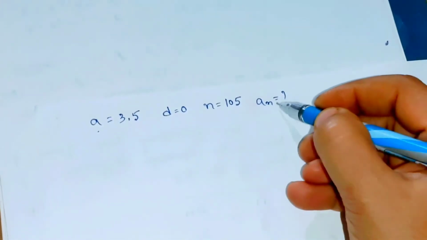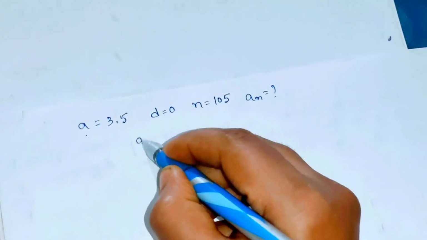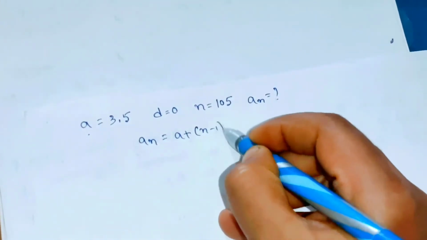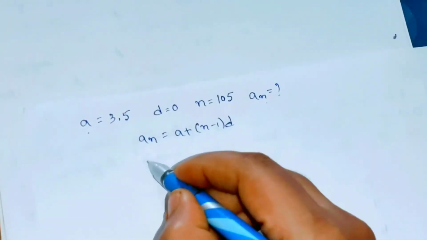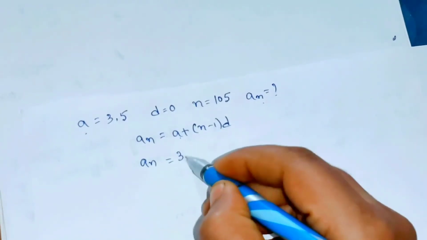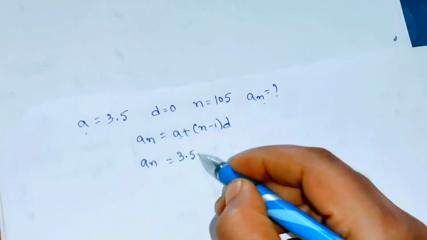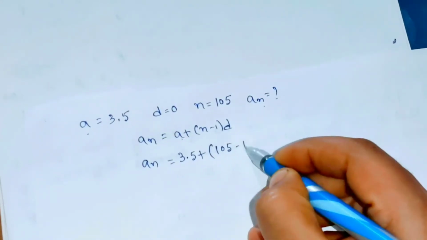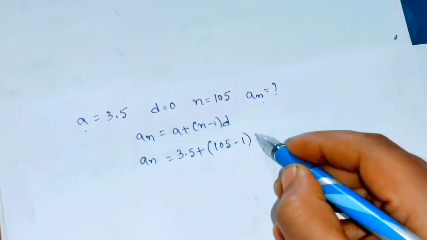You have to find out the last term of the AP. Now use the same formula. an is equal to a plus n minus 1 into d. Here an you don't know, write as it is. What is a? That is the first term, 3.5, and n is 105 minus 1, into d, which is 0.